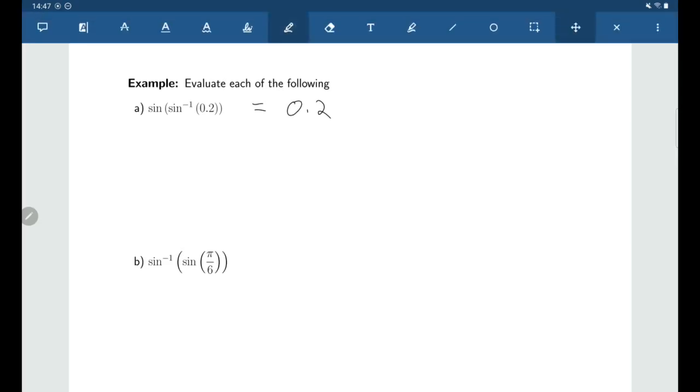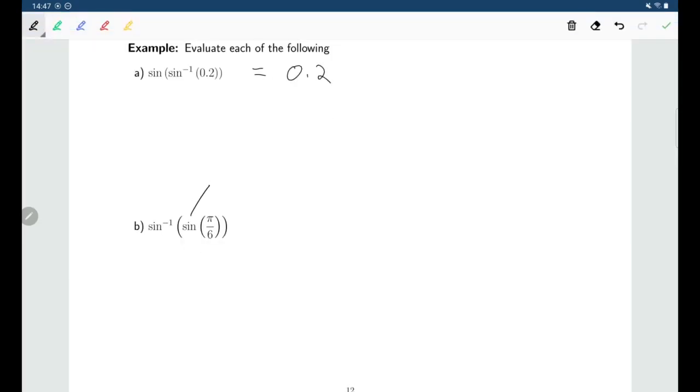Similarly for the next one, the restricted domain for sine was from negative pi over 2 to pi over 2, and pi over 6 is definitely inside that interval. So this is a value inside the domain, which means sine inverse and sine should undo each other, and you should just be left with pi over 6.